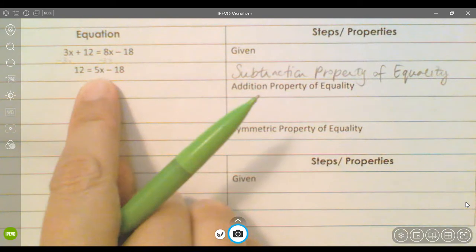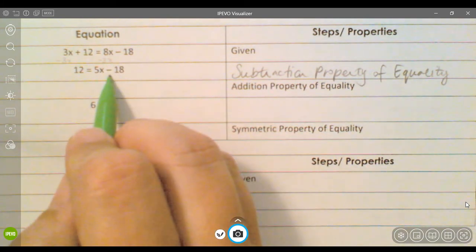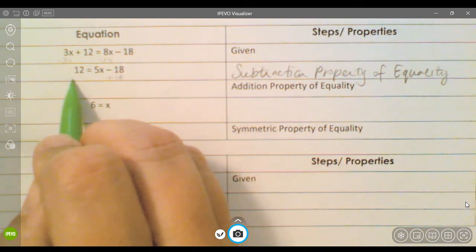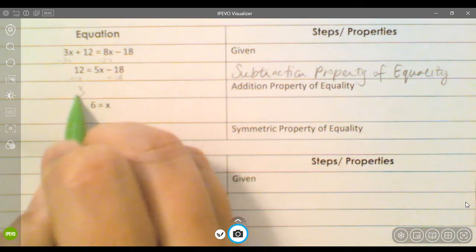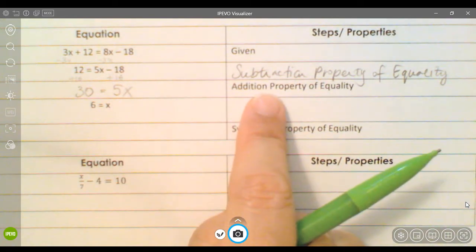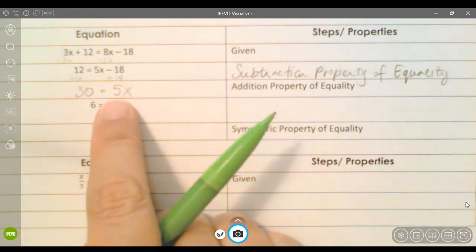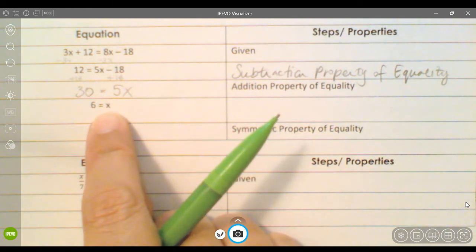Okay, my variable is x. I need to get rid of minus 18. The way I do that is I add 18 to both sides using the addition property. Now what did I do? My next step, I went from 5x to x.